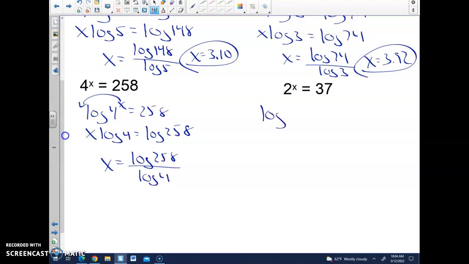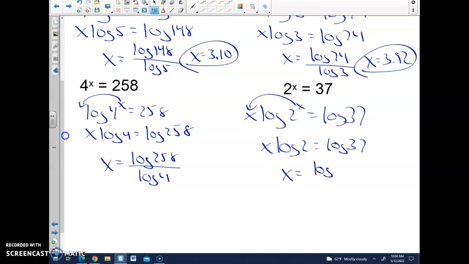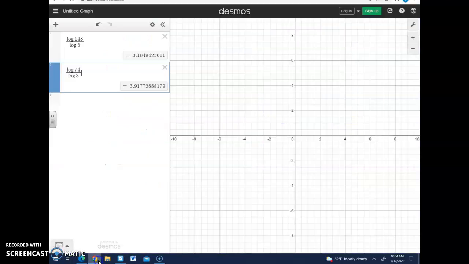Here, log 2^x equals log of 37. I swing that x to the front, and now it's x log 2 equals log of 37, and my x equals log of 37 over the log of 2. I don't touch my calculator until I get there. You do have to show your work. You're not allowed to just plug it into the calculator. You do have to show your work.